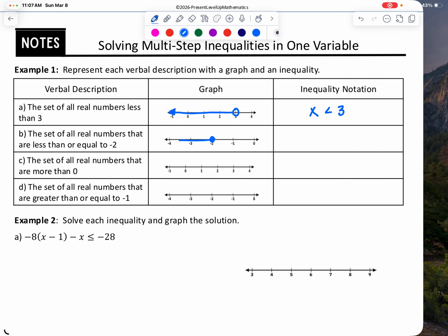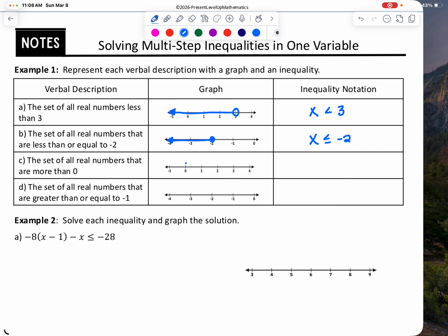So all the numbers to the left are smaller than -2. So to represent this, I'll use x for the set of all real numbers that are less than or equal to. So this time I want to put an equal under my less than symbol, -2.